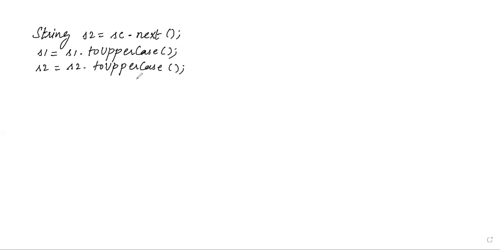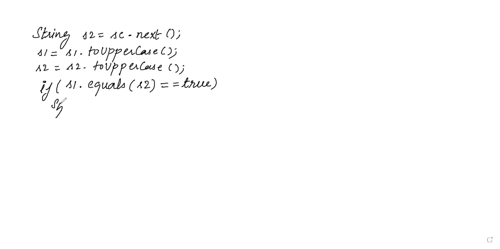When both the strings have been converted into uppercase, you have to check if S1 dot equals, you can apply the function equals, give S2, then give equals to true, because this function returns a Boolean type value. If it is equal to true, then you have to print that they are equal.